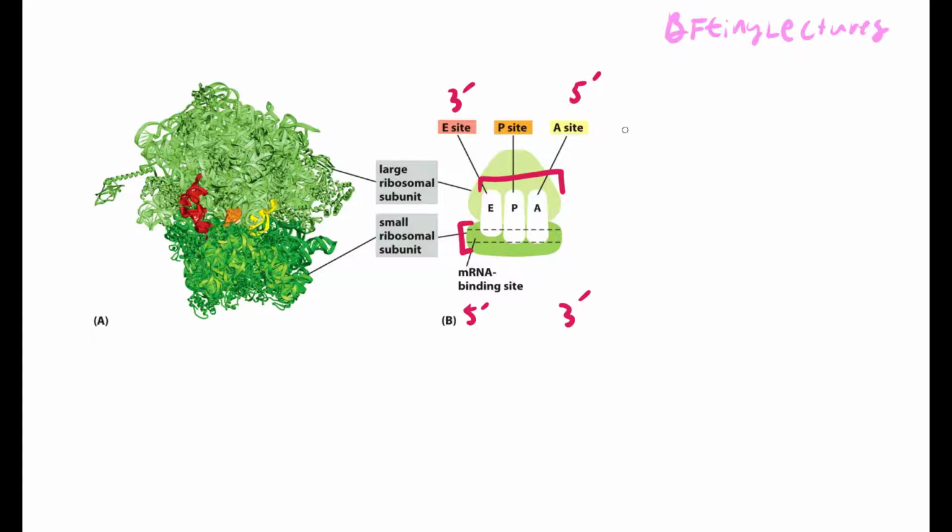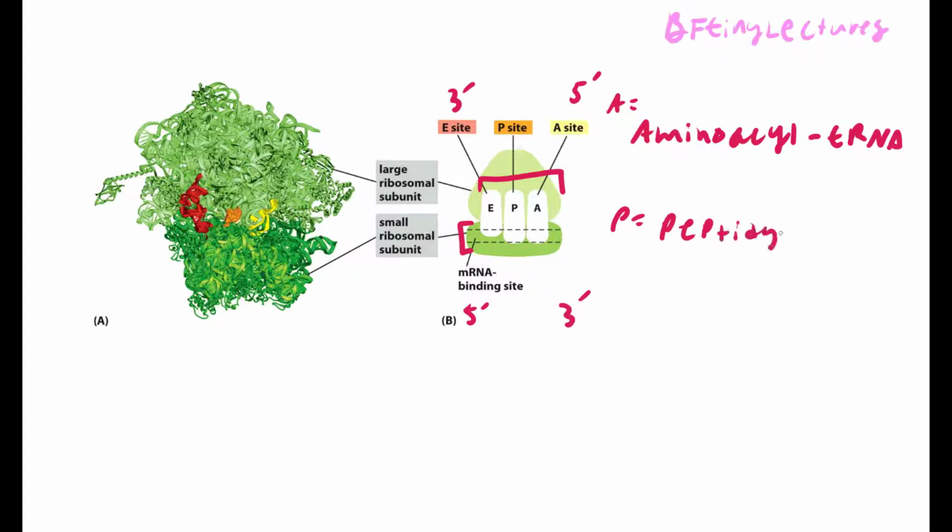The A site stands for aminoacyl tRNA. The P site stands for peptidyl tRNA.